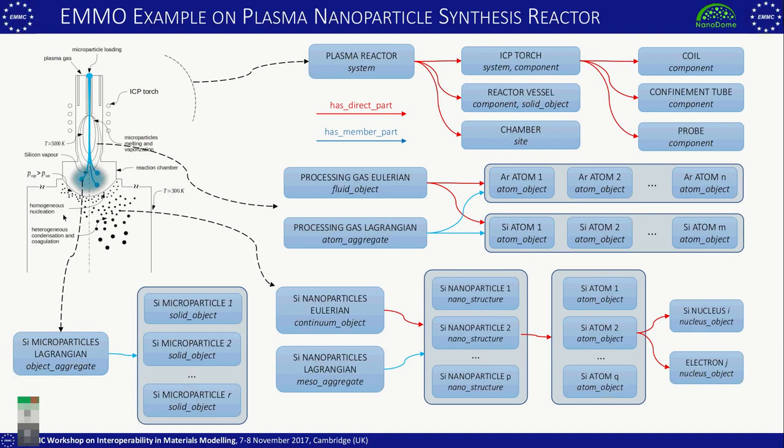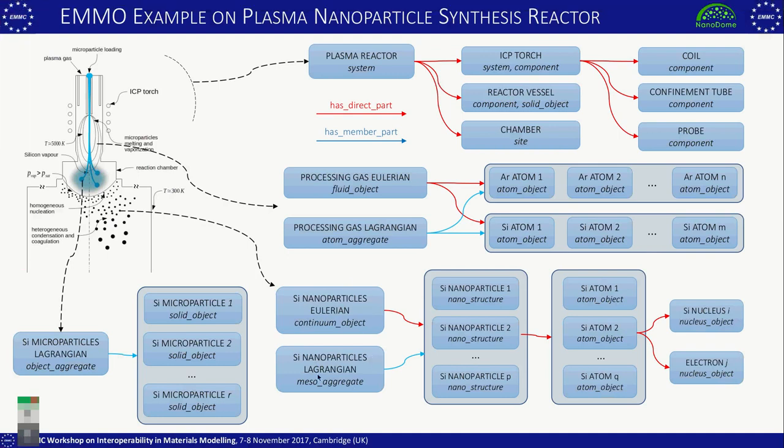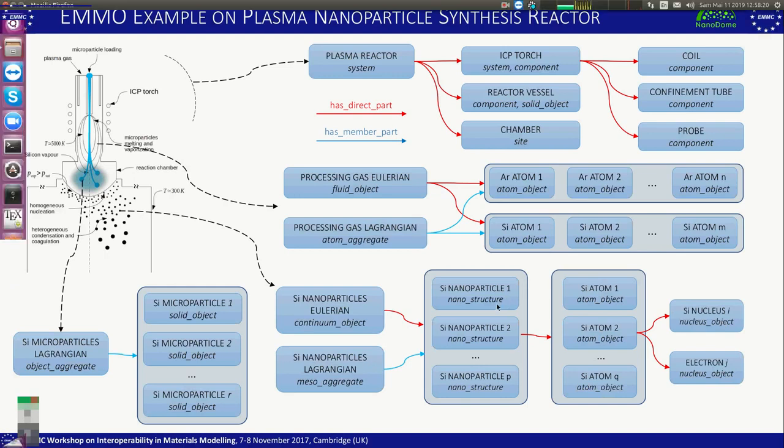But also cases like this one, not so complex, that we would like to represent using the ontology. For example, here the nanoparticle phase can be represented like a continuum or like a set of nanoparticles, and the nanoparticles can be seen as a collection of atoms or a collection of nuclei and electrons, and so on.